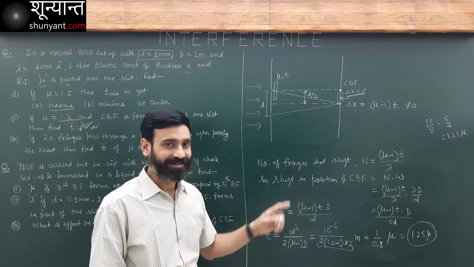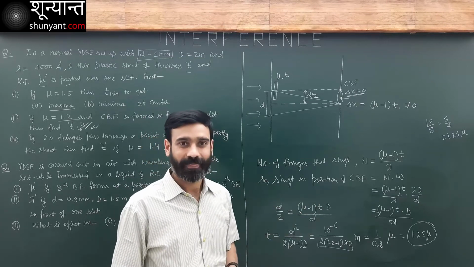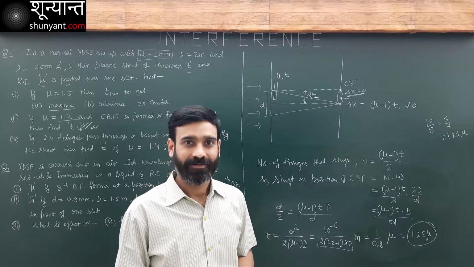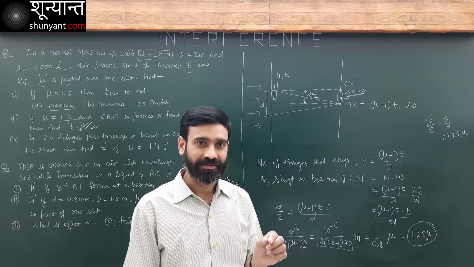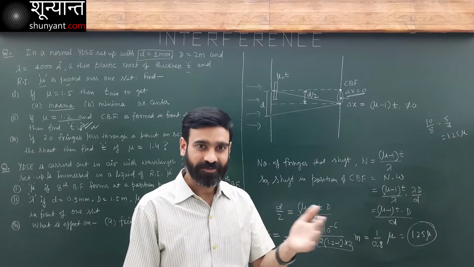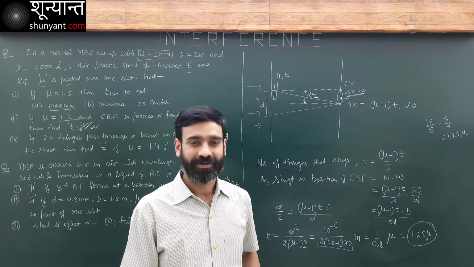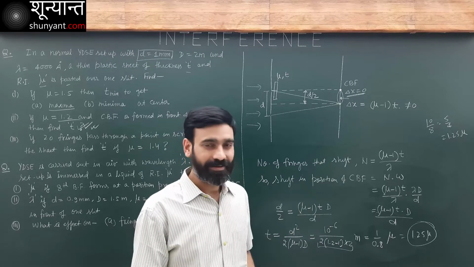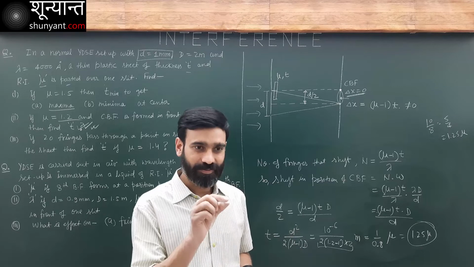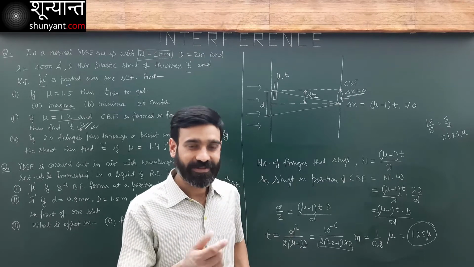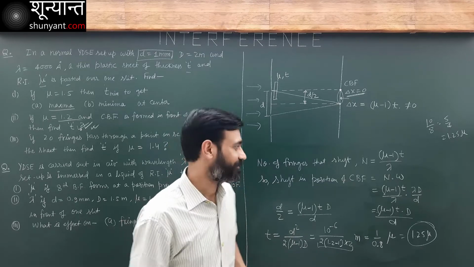You can find this thickness, and this method is actually used extensively. An excellent method of finding very small distances. We use interference experiments. This is an experimental technique, and it is even used in industries to find small thicknesses, small distances.